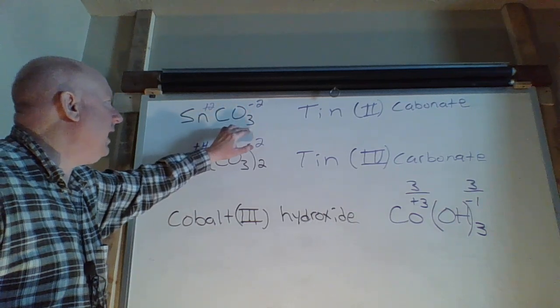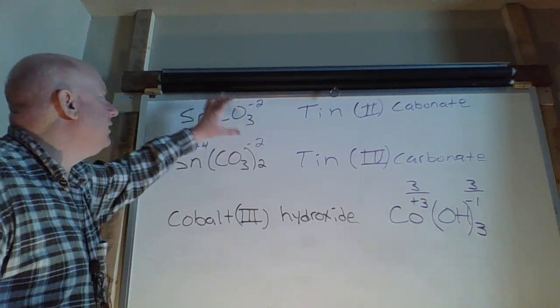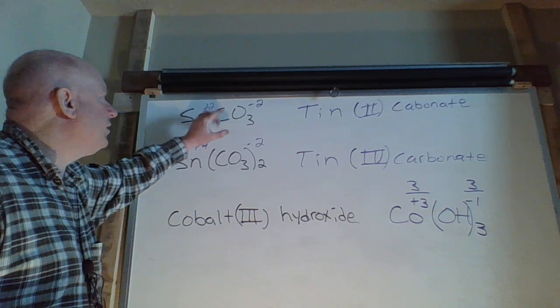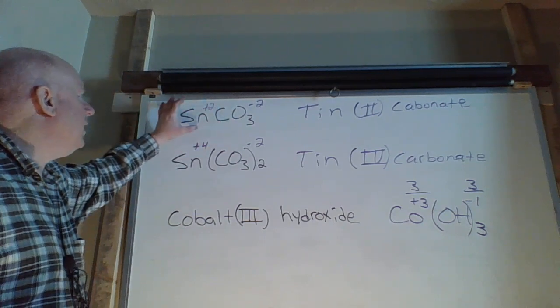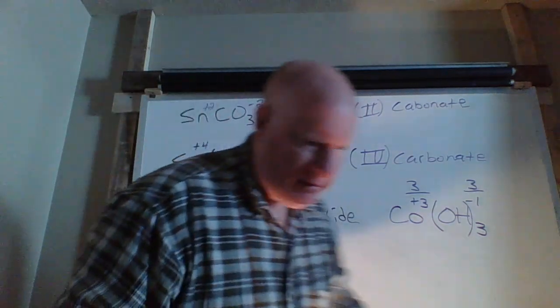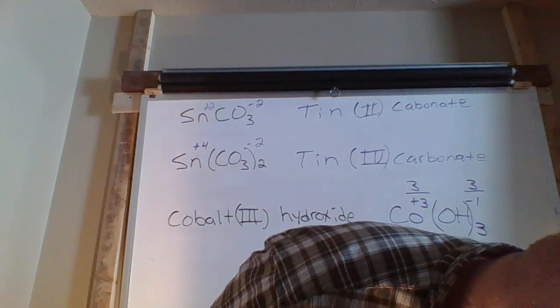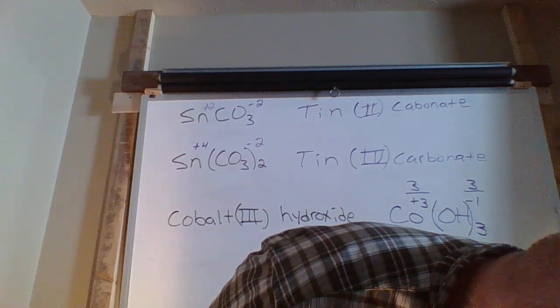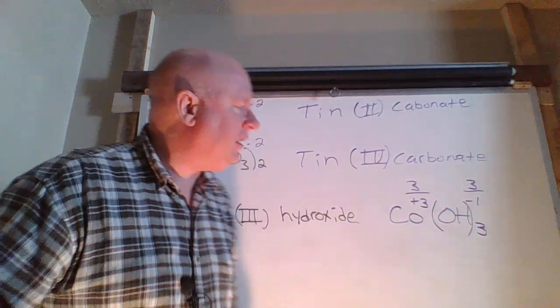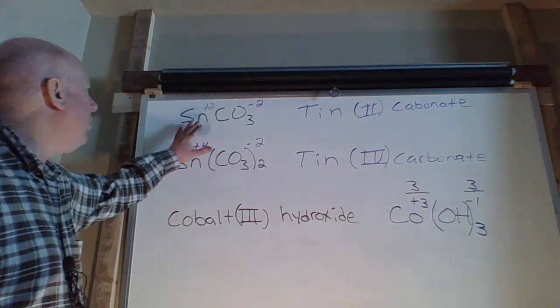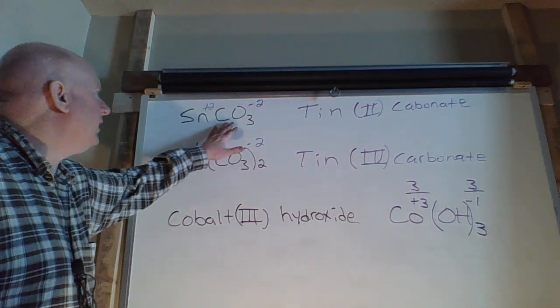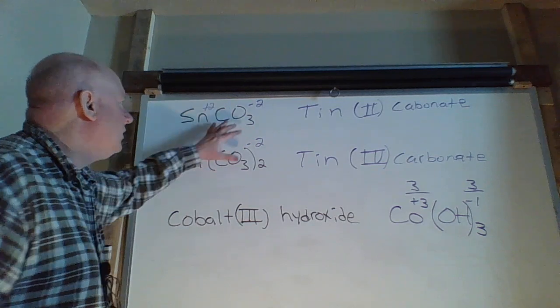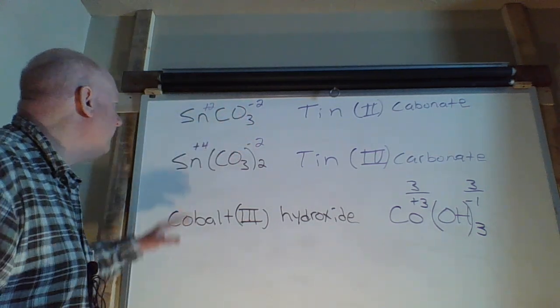So 48 for your oxygens, 12 for your carbons, so now you're up to 60. And I think tin is 118 maybe. So find Sn, element number 50. So yes, it's 118.71. So 118 plus 60 would give you your atomic mass for tin-2 carbonate.